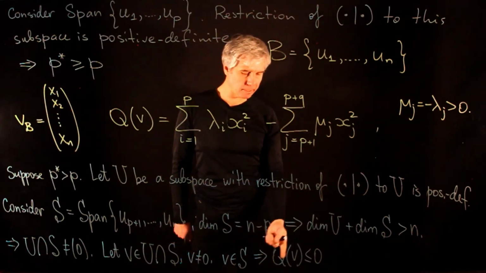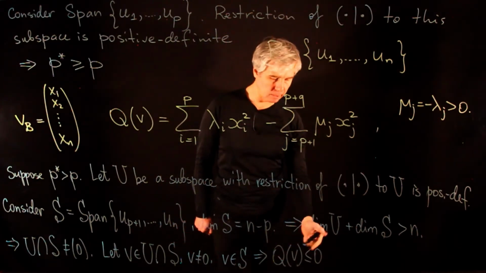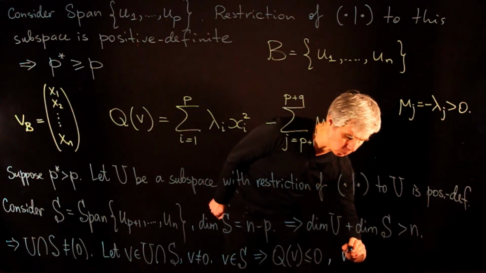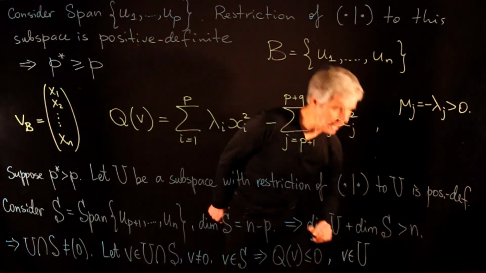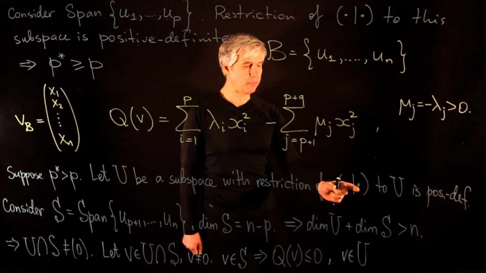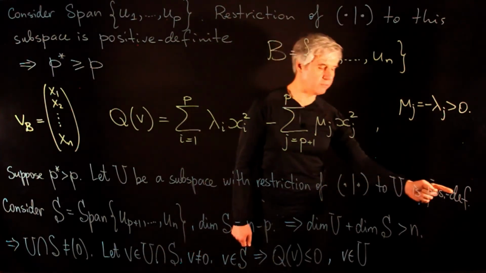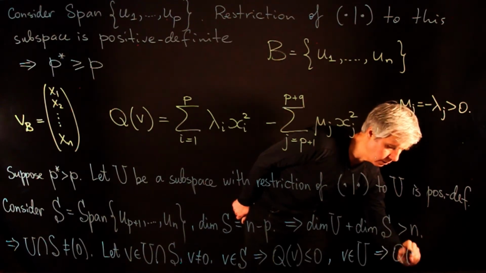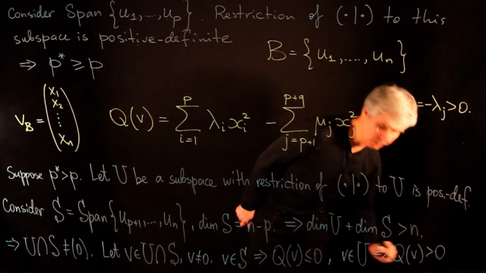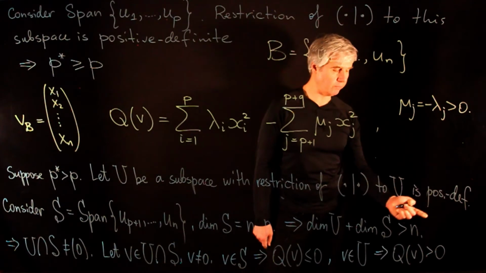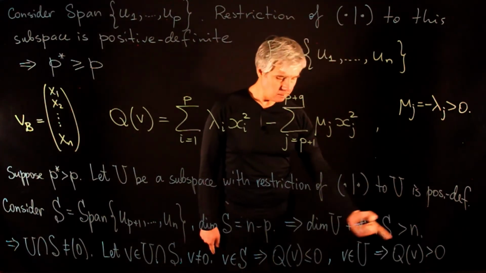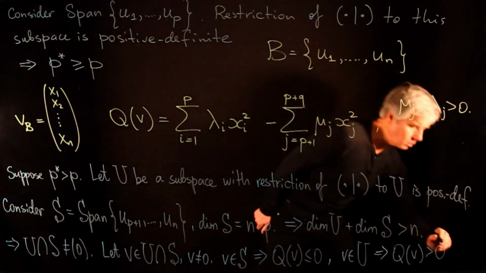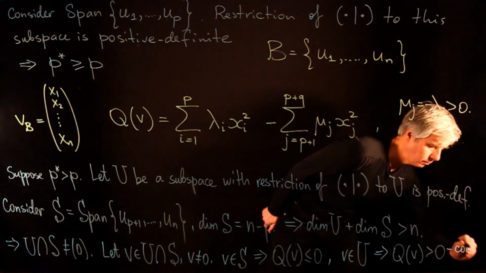So the value of the quadratic form will be less or equal to 0. But V is also a vector in U, and the restriction of the bilinear form to U is positive definite. So this means that Q of V must be greater than 0, because V is a non-zero vector. And then these two inequalities contradict each other, so we get a contradiction.